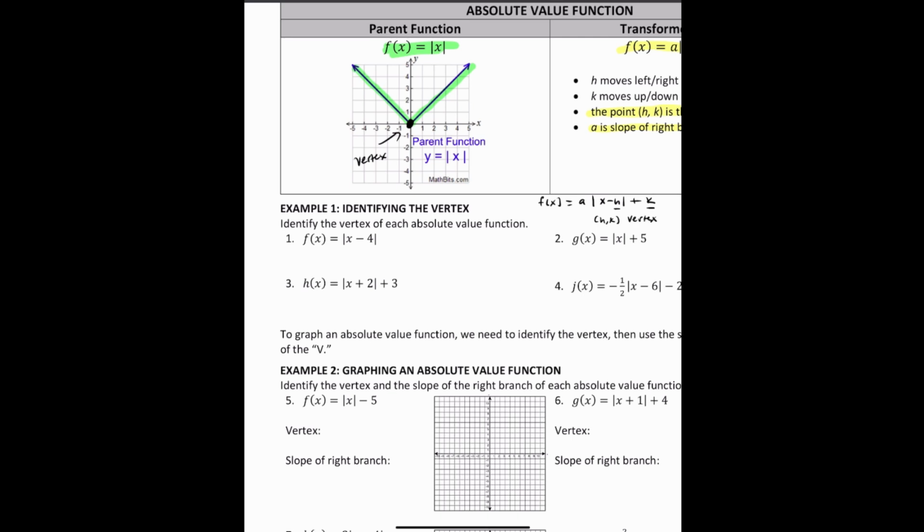So if I look back at number one, again we have f of x is equal to the absolute value of x minus 4. All I need to do is compare what I have right now to the transform function.